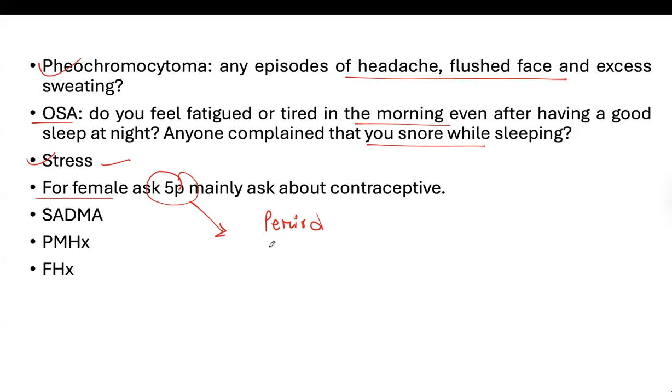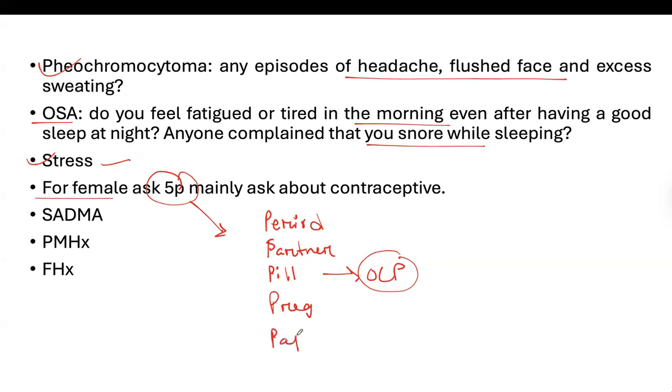After that, we ask, are you sexually active, which means do you have a partner? If the patient says yes, then we ask, are you taking any contraceptives? This patient will say, yes, I take the oral contraceptive pill. Then you need to ask a little bit about how long you have been taking it. Have you missed any of this pill recently? Just to rule out possible pregnancy. Is there any chance that you can be pregnant?